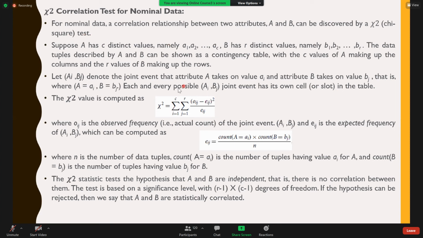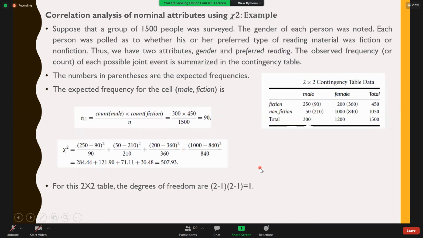Before explaining this theoretical part, I'll give you the example so that it will be clear for you. So here we have two attributes. One is gender and another one is preferred reading.